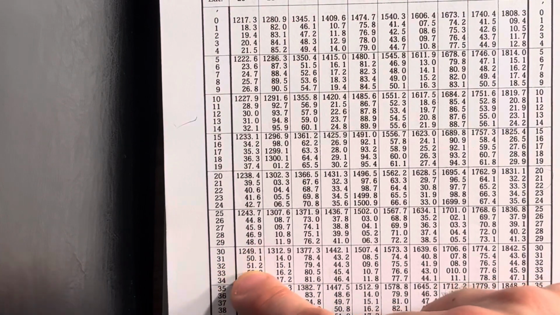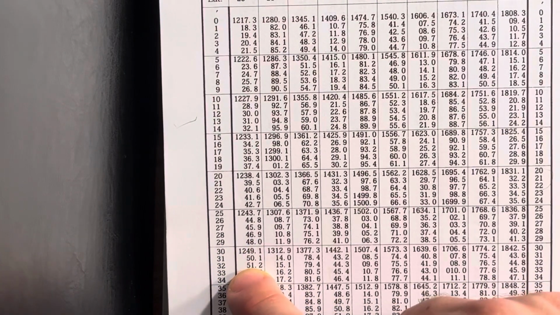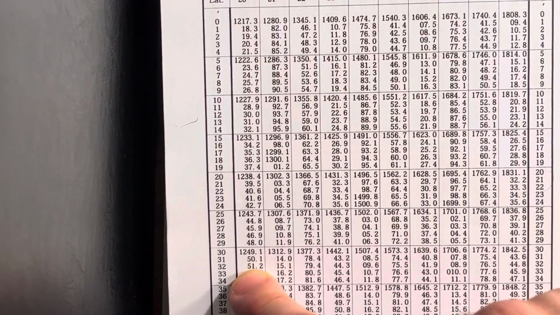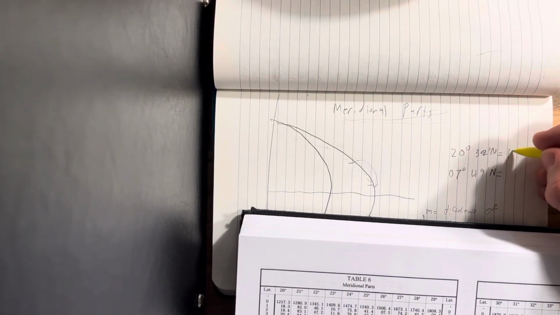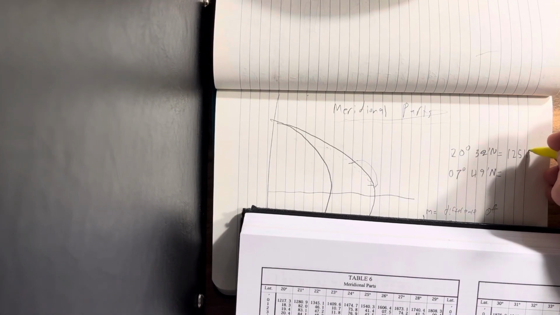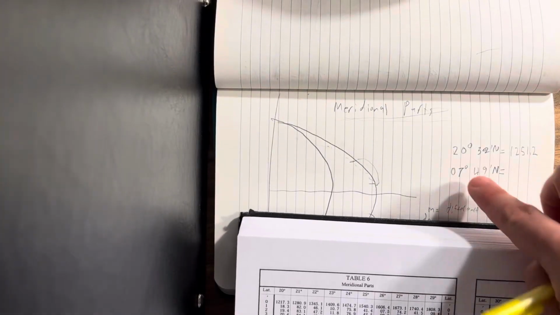So 20 degrees 32 is 1,251.2 meridional parts.